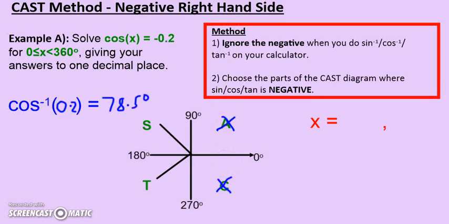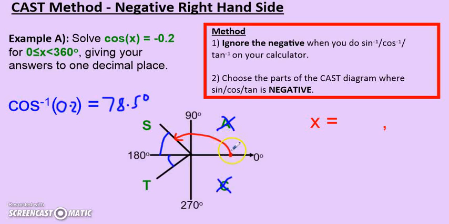And we're going to mark on the angle as usual. It'll be 78.5 from that line to the horizontal, and 78.5 from this line to the horizontal as well. So both those angles will be equal and they'll be 78.5. And then we just read off our solutions as normal. We start by going from 0 and we go anti-clockwise, as we do to measure an angle on a CAST diagram.